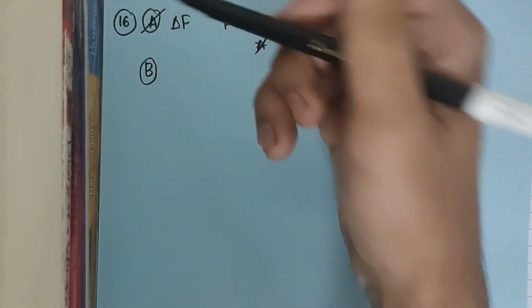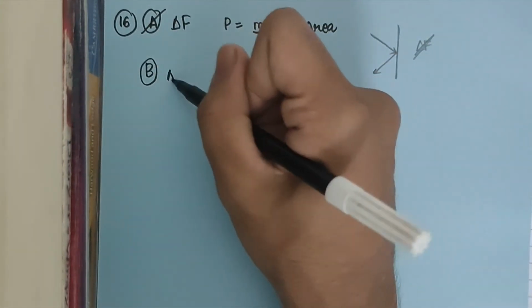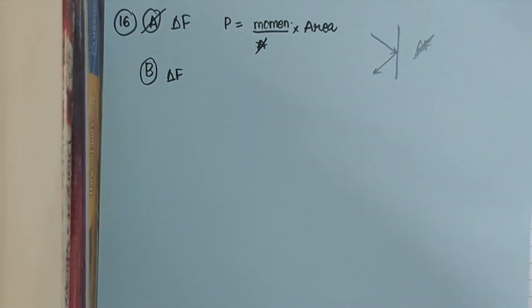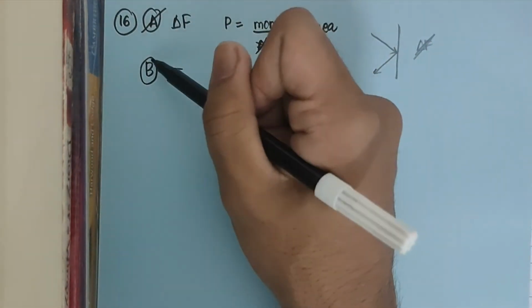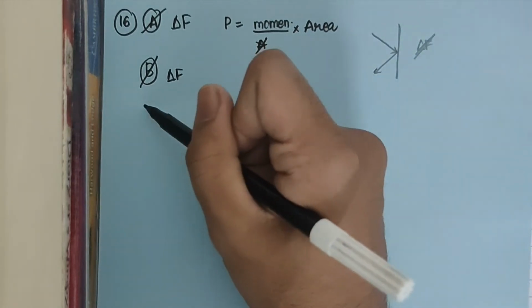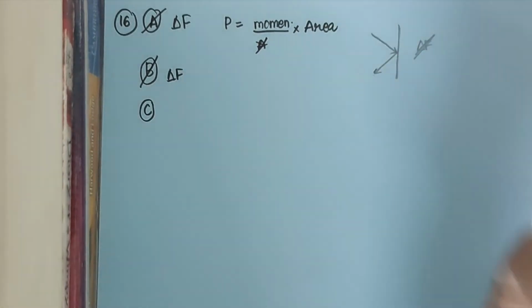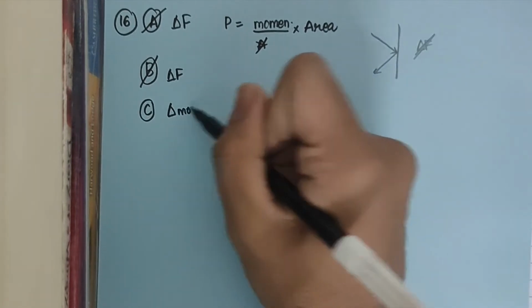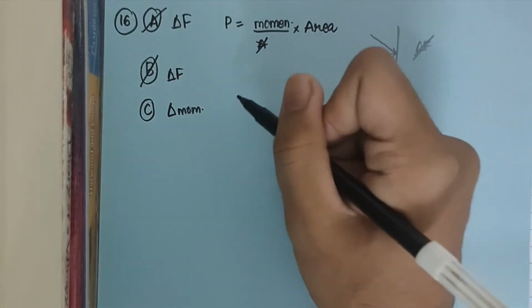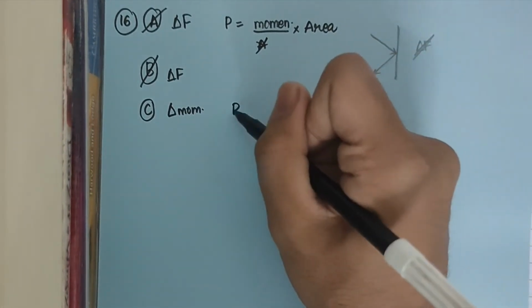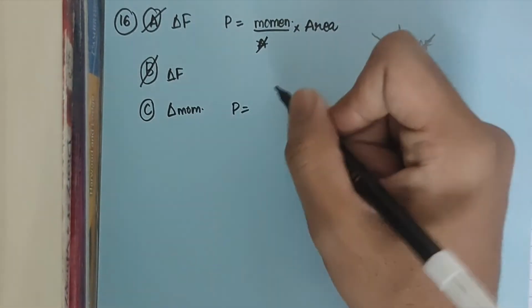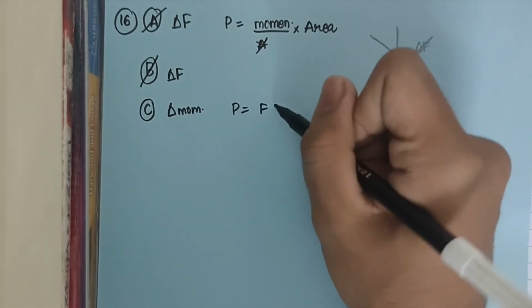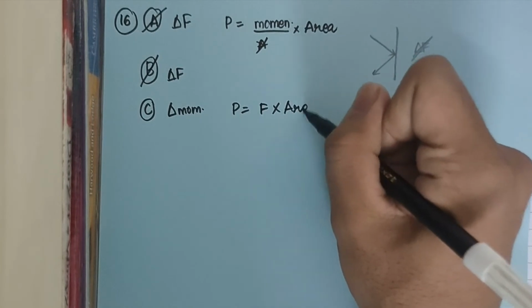Option B says they experience a change in force. Again we have a delta F and therefore I can directly say this option is wrong. Now option C says they experience a change in momentum. So there is a delta momentum and pressure which exerts a pressure equals force multiplied by area.